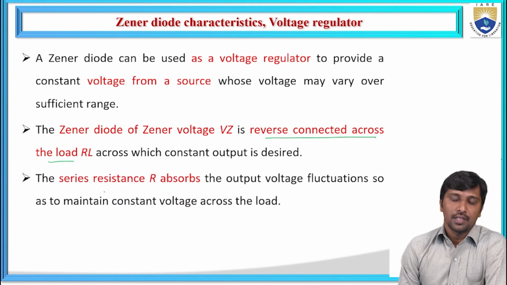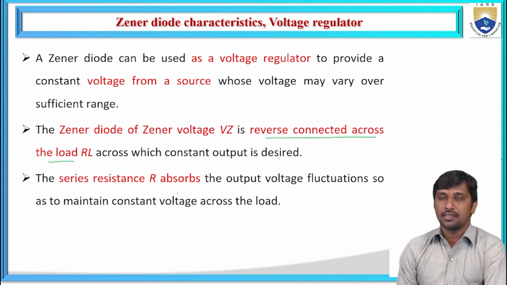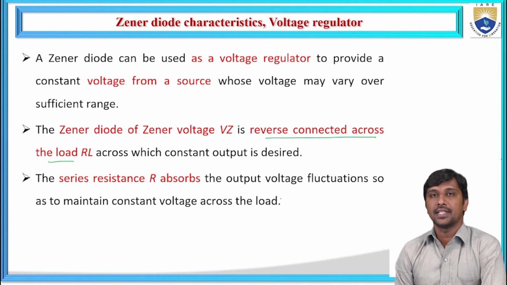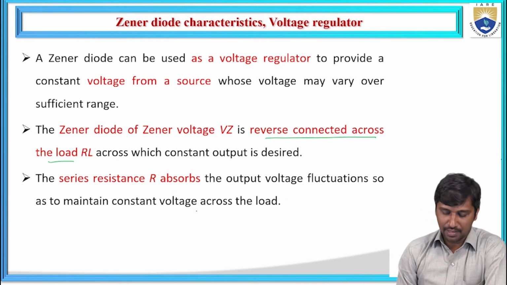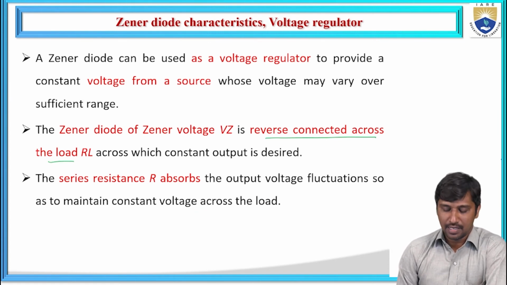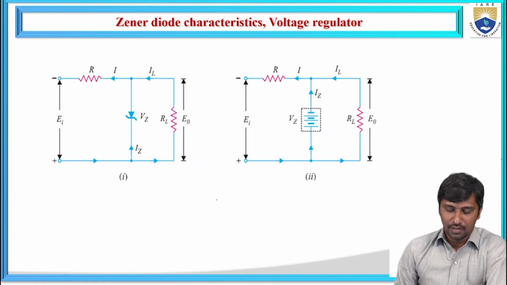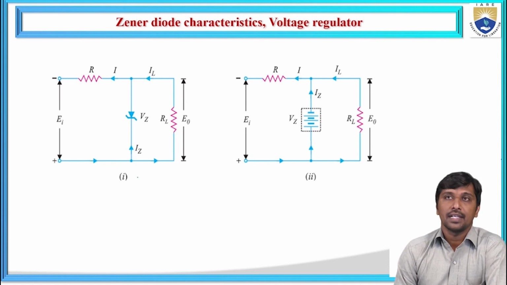The series resistance absorbs the output voltage fluctuations, so as to maintain a constant voltage across the load.